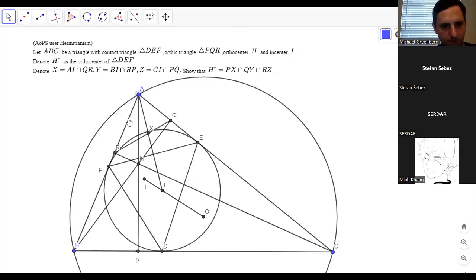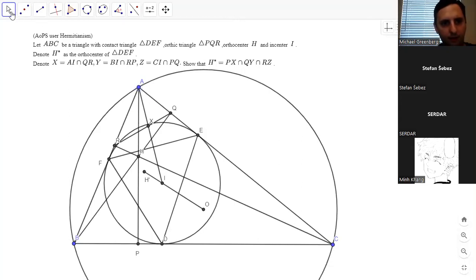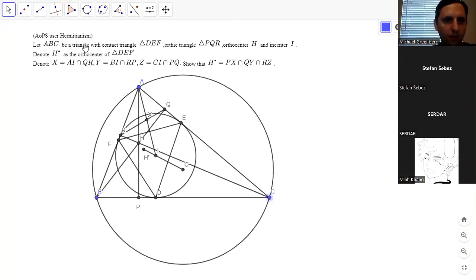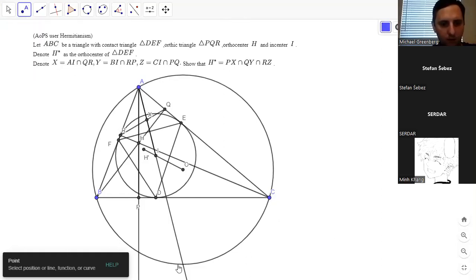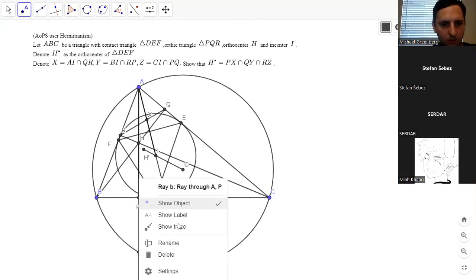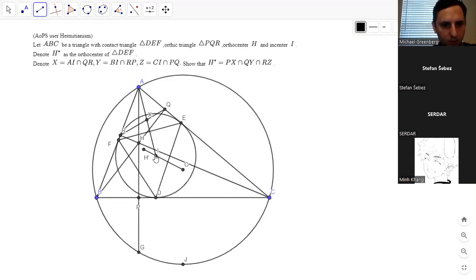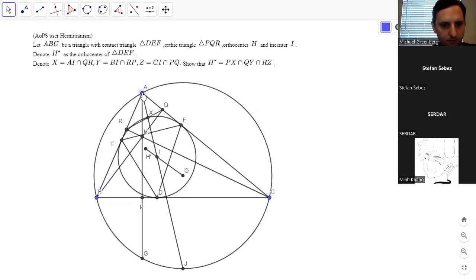You intersect AP and AI with the circumcircle of ABC. Yeah. There we go.